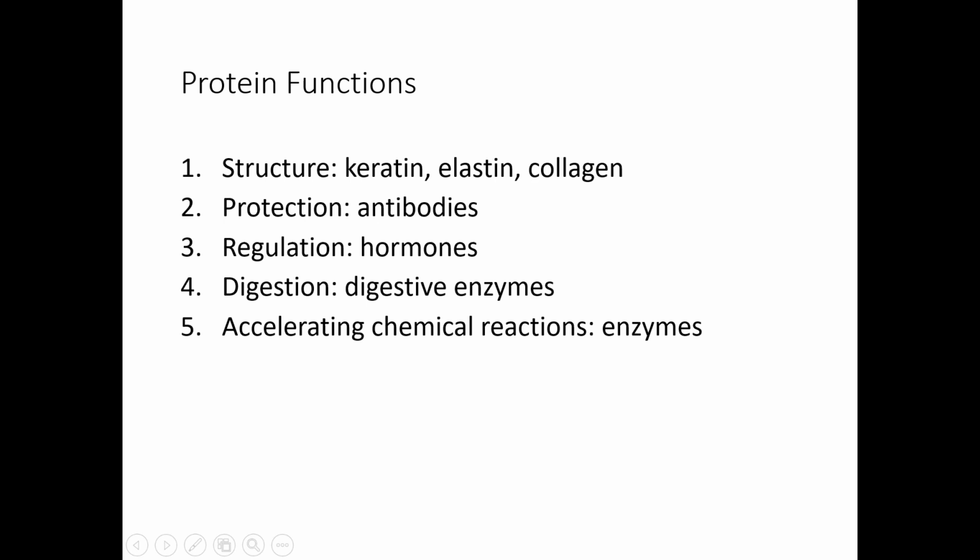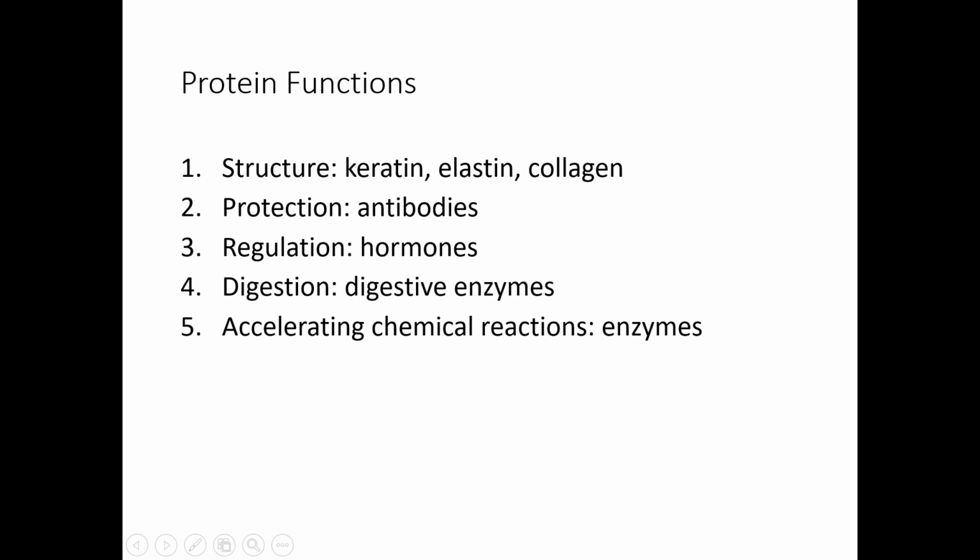Now let's summarize functions of all the proteins. They are used to structure our body. Keratin, elastin, collagen make our muscles, tendons, and ligaments. Also, collagen is in our bones, and keratin is in our skin and nails. So that's structural proteins. Proteins are used for protection.